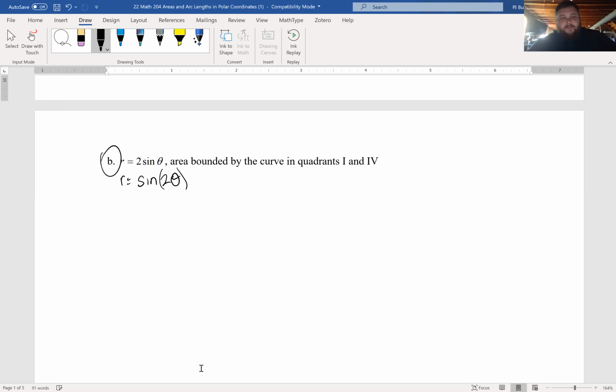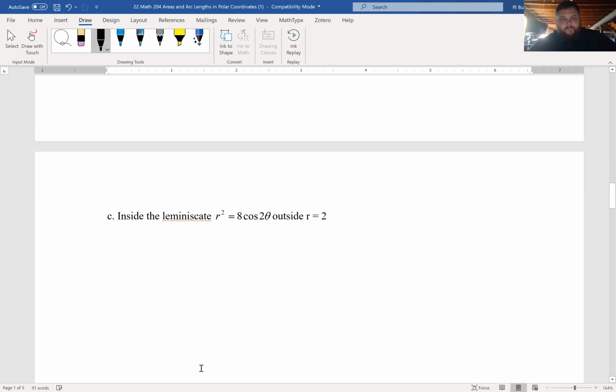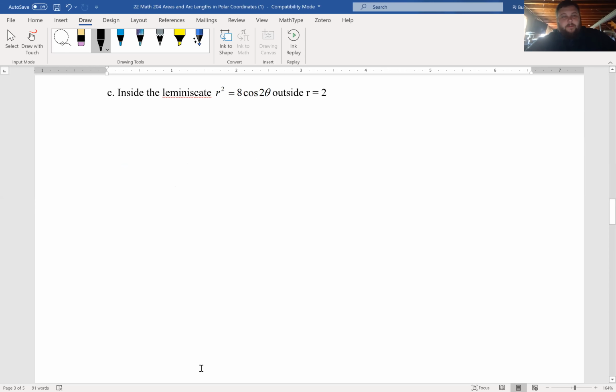The first one's just a circle, so it's super easy. So I'm just going to say, instead of having to worry about that term, which I believe is pronounced lemniscate, this is just an infinity symbol.